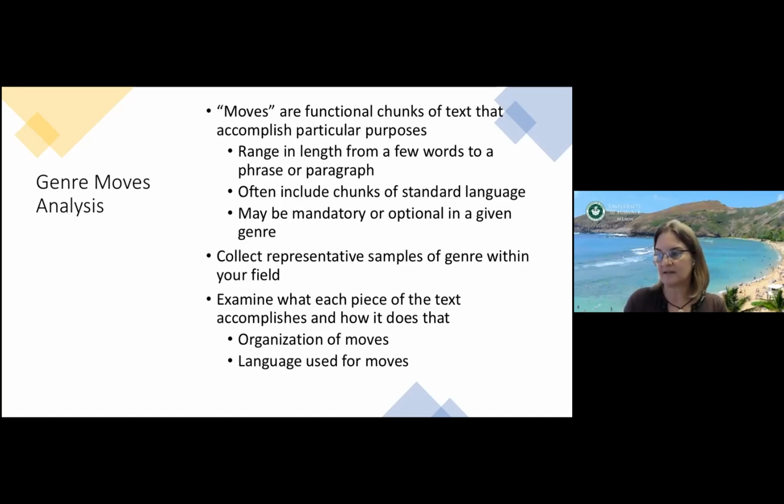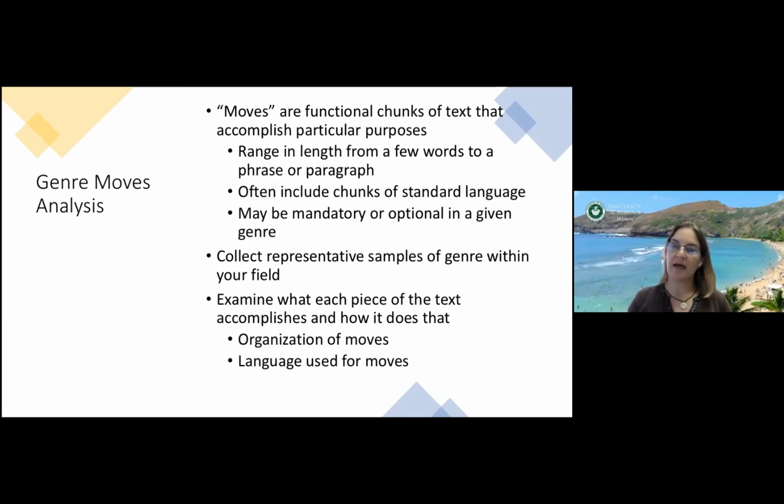What's the process? So according to John Swales, who's a sociolinguist who's done a lot of analysis of written text, moves are functional chunks of text that accomplish particular purposes. So sometimes it's a single word, sometimes it's a few words, a phrase, sometimes it's a full paragraph to move the text along and indicate a particular purpose of that section of the text.